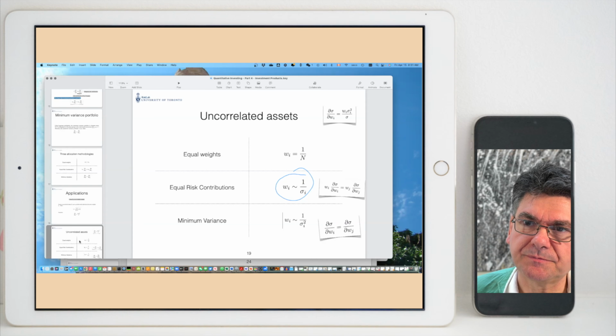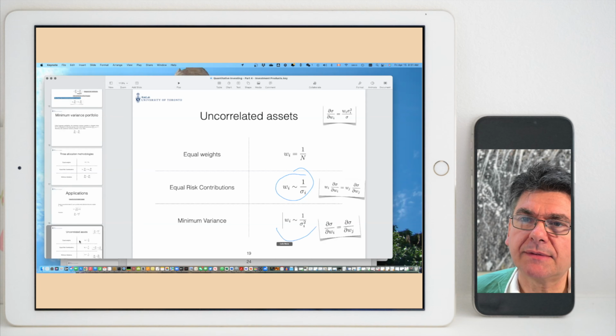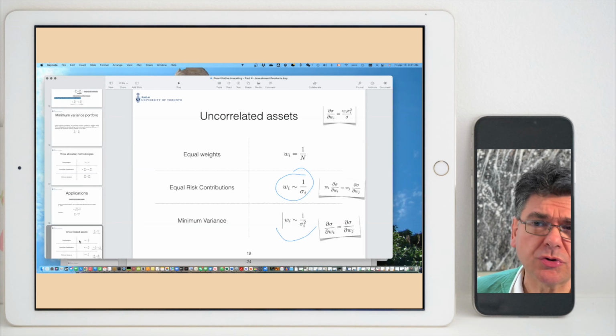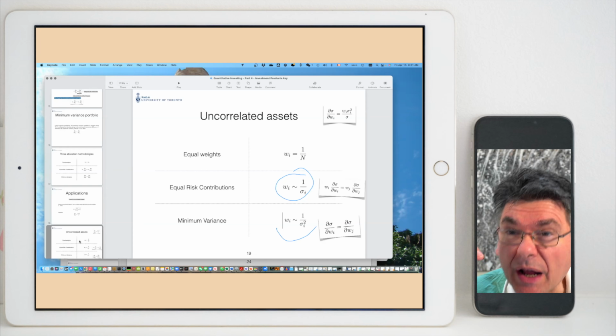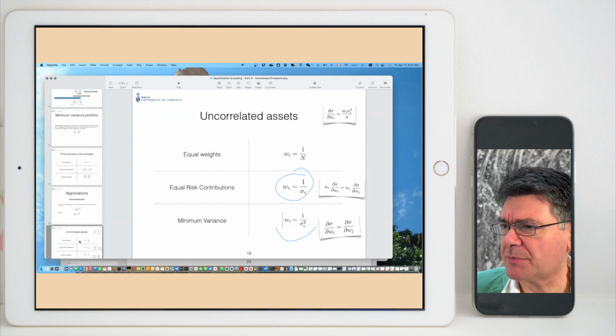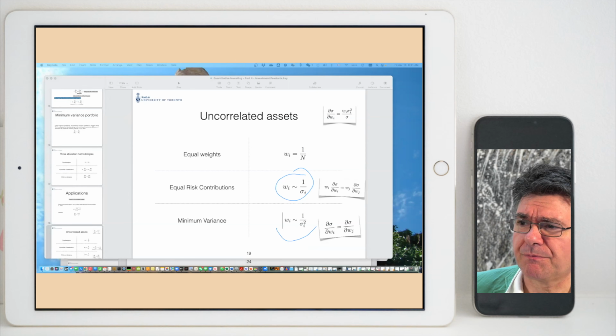That's it. And when you go here, the weight is 1 over the square root, so 1 over the square of that particular investment. Okay? Also, the square.